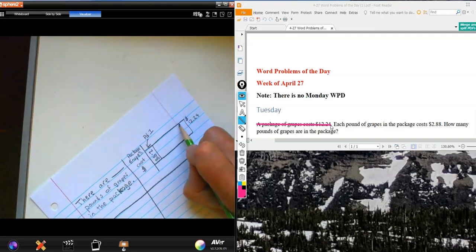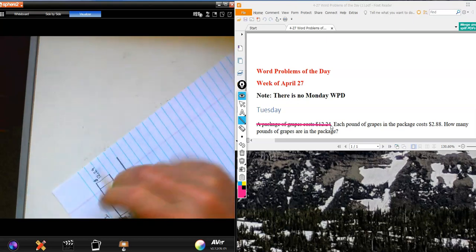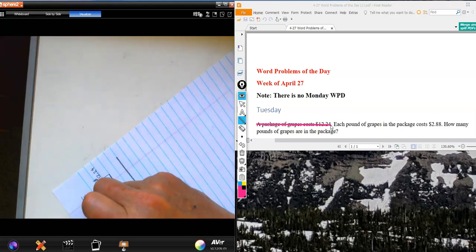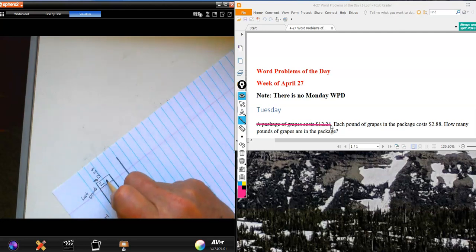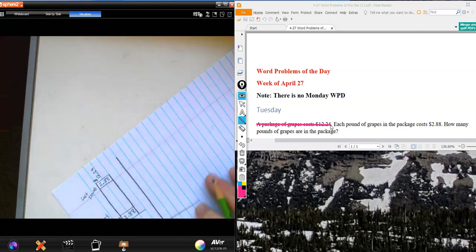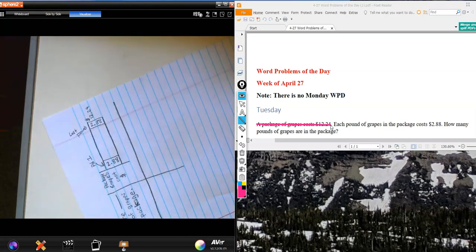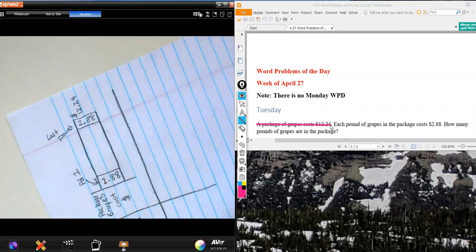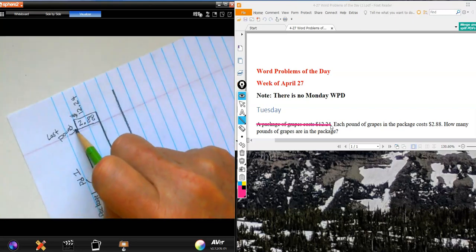I also know there's going to be a last pound. I don't know what that number is, but I know it's going to be the last pound, and that last pound is still going to cost $2.88. So I'll put that inside. I might zoom up a little bit so you can see this better, and I'll point to it so you know what it is.